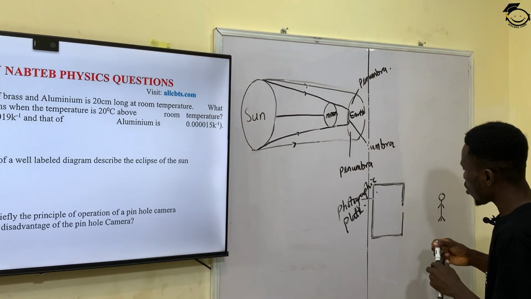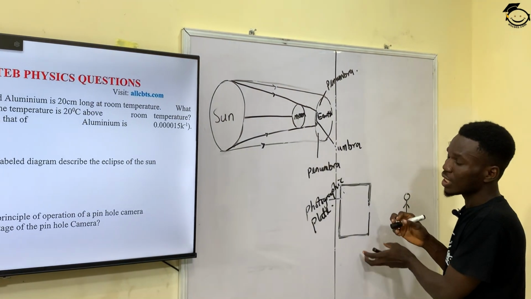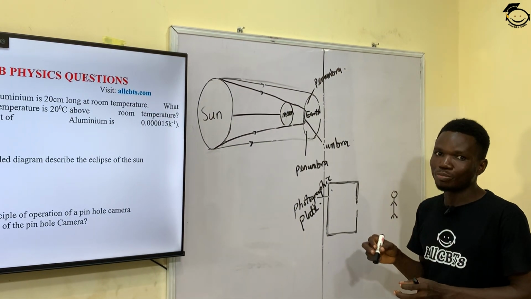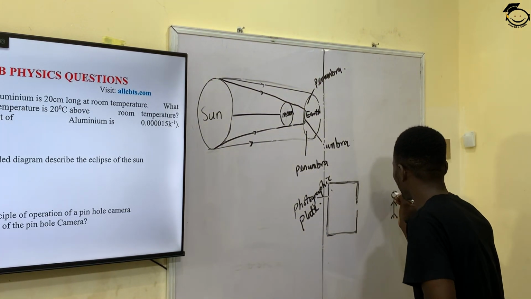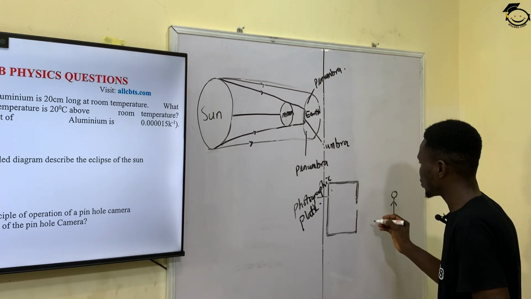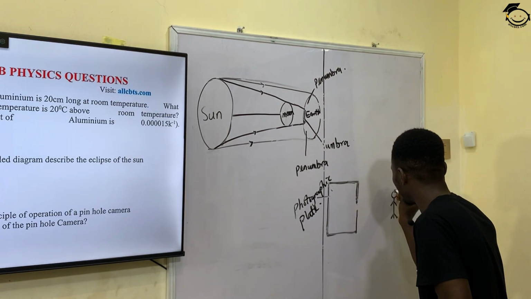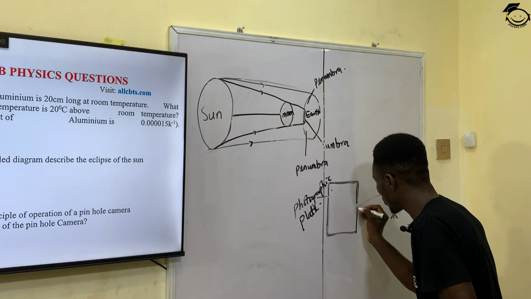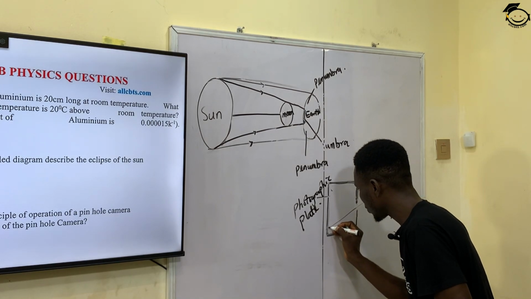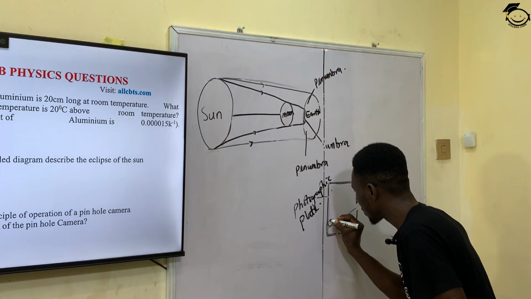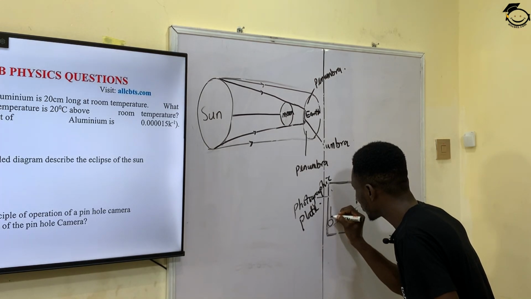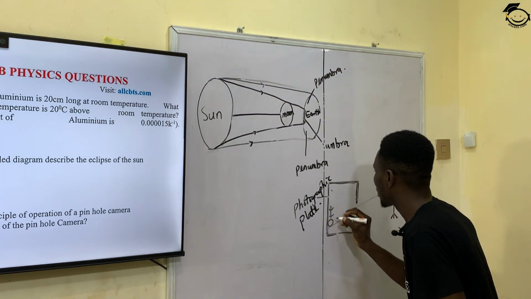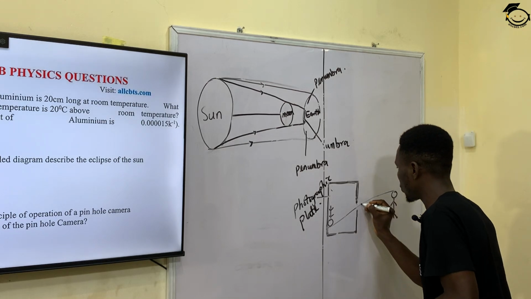So the pinhole camera has the phenomenon of inverting any object that is pictured by it on the photographic plate, such that if this is the object, you discover that the pinhole is going to reflect it this way, such that this is how your object will look, diminished, and at the same time reflected this way.